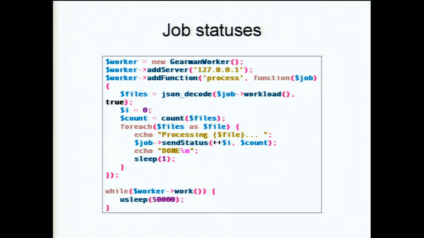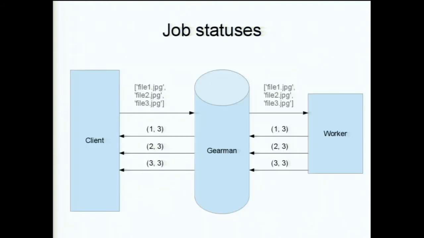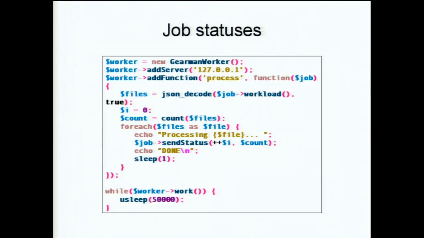What I'm doing on this worker is going through the 3 different files. Instead of spawning them as 3 different tasks, I want to do it all at once. So I go through the files and I send a status. This is again a Gearman API call, where whenever you're working, you always get the job handle. So you can use this job handle to send status messages.